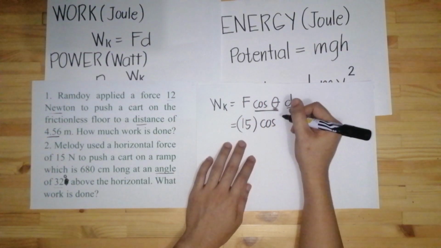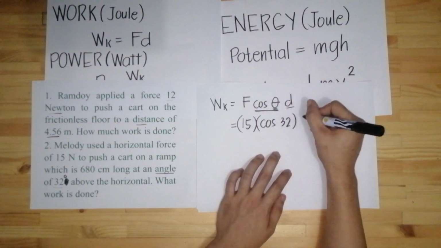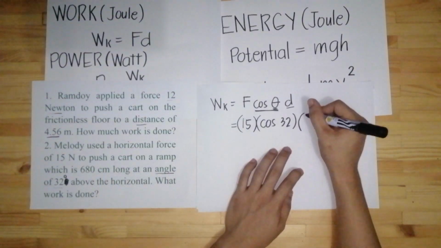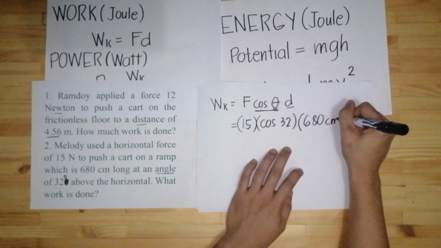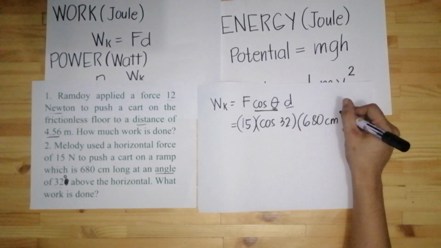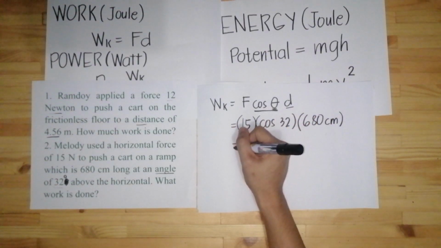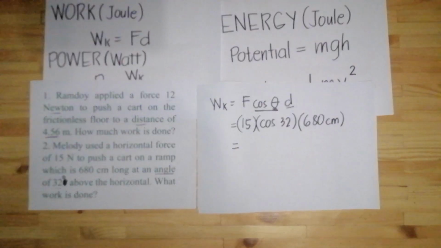Cosine 32 degrees, so cosine 32. Parenthesis ulit. Then yung D natin is 680 cm long. So, multiply lang natin 15 cosine 32 times 680.